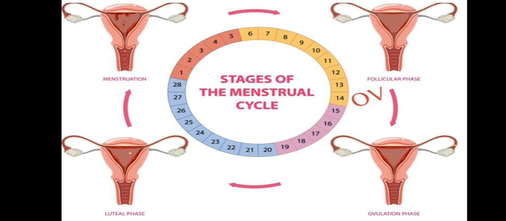The corpus luteum will be producing a specific hormone that makes sure the environment inside the uterine lining is safe for implantation. Remember I said there was a hormone making this environment suitable. That hormone was coming from the corpus luteum. It makes sense very soon.